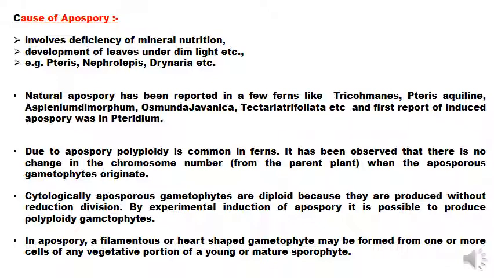In Apospory, one more point, the gametophyte which should be produced from the prothallus or protonema stage, here a heart-shaped structure is formed from any vegetative part of the sporophyte. So this is the condition which generally takes place in Apospory.